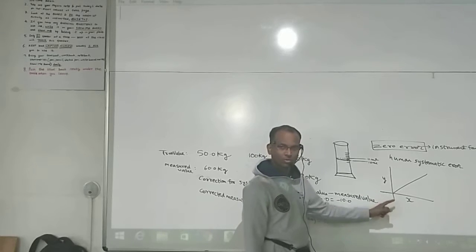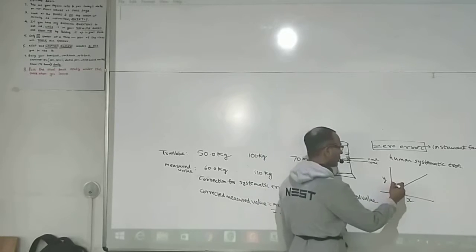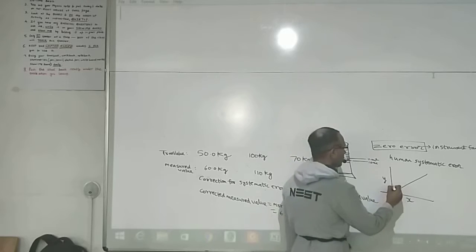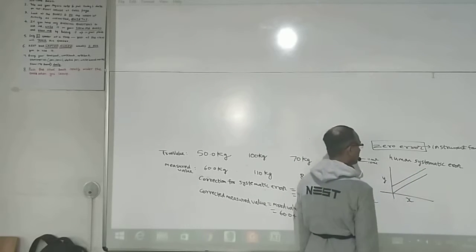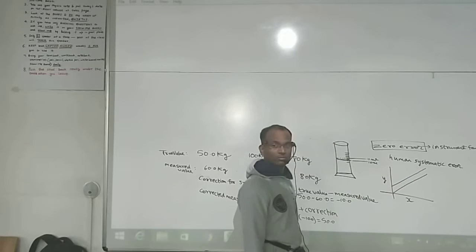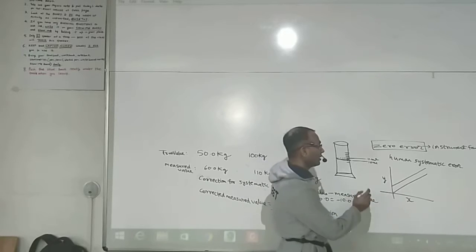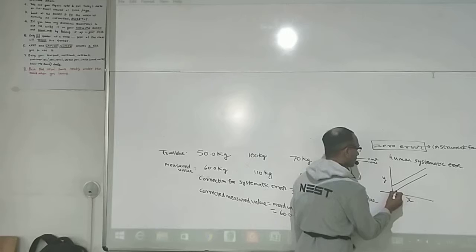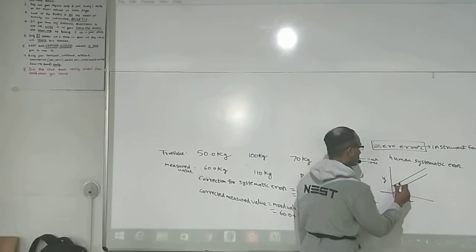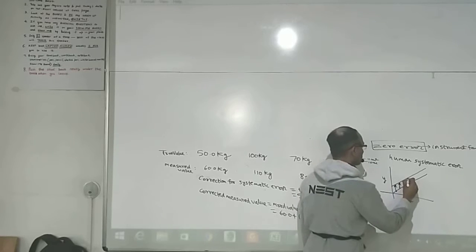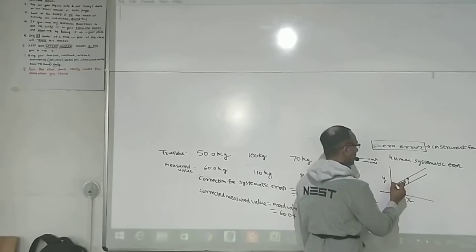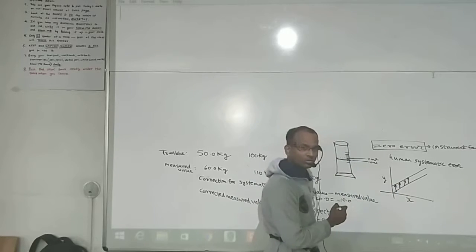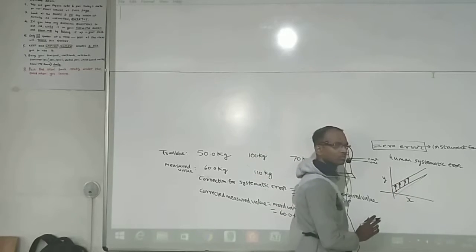Instead, when you plot the graph of your data, you find that it is like this. This is a clear proof that there is a systematic error, because every value of y is extra by the same amount. If this error had been subtracted from all the values, it would have passed through the origin.